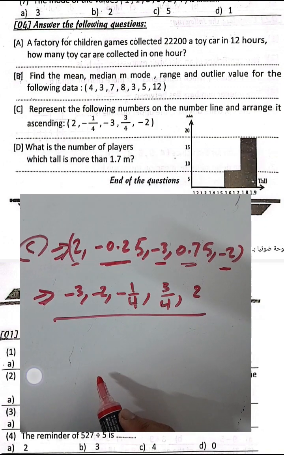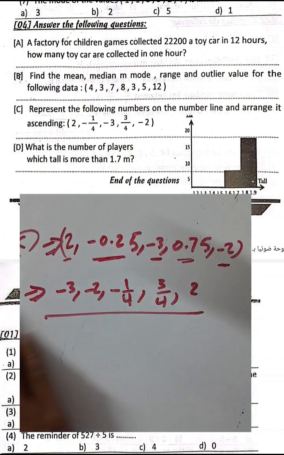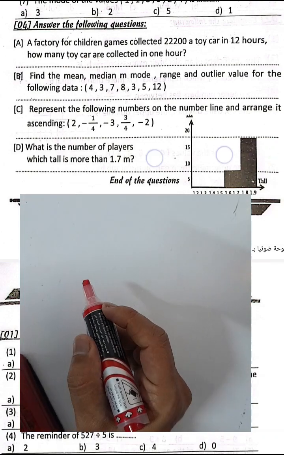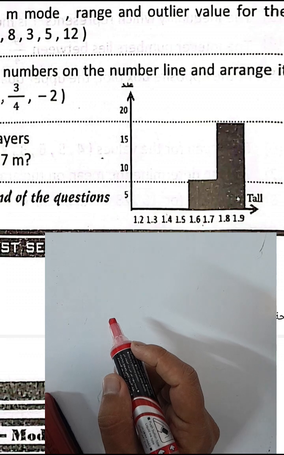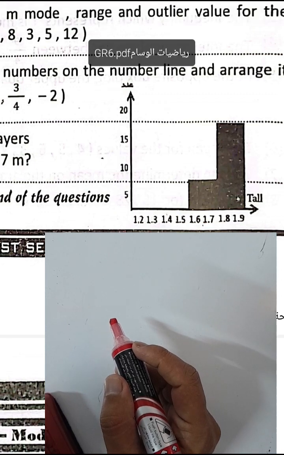Next question here: what is the number of players whose total is more than 17? Look at this histogram, more than 17 here. This number lies between, we have 5, 10, 15, 20. The number lies between them.